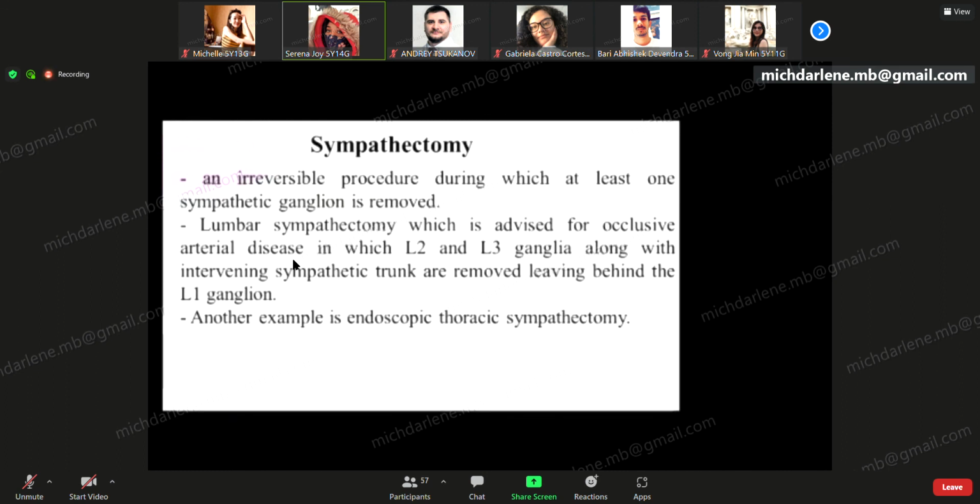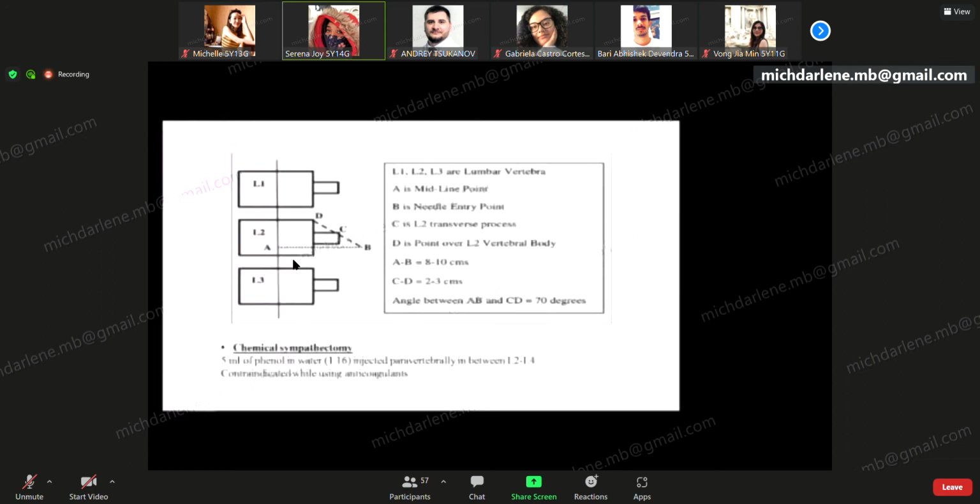Another example is endoscopic thoracic sympathectomy. On this picture you see the procedure. Chemical sympathectomy is also possible, using 5 milliliters of phenol in water injected paravertebrally between the second and fourth lumbar vertebrae; it is contraindicated while using anticoagulants.